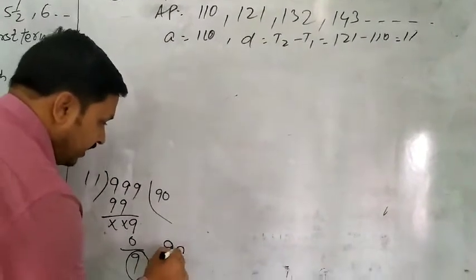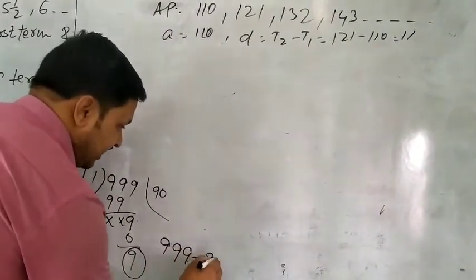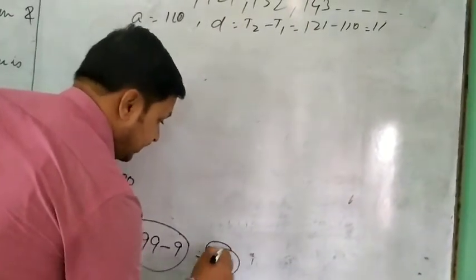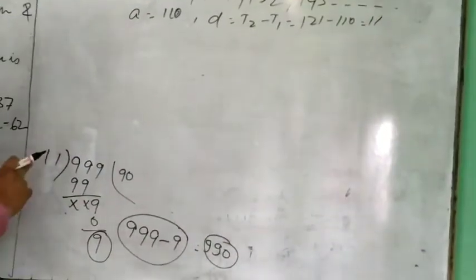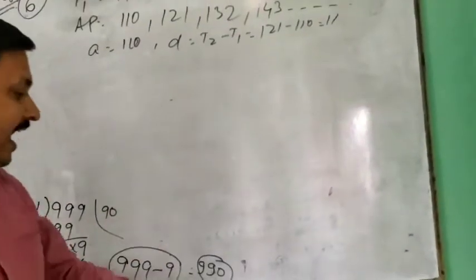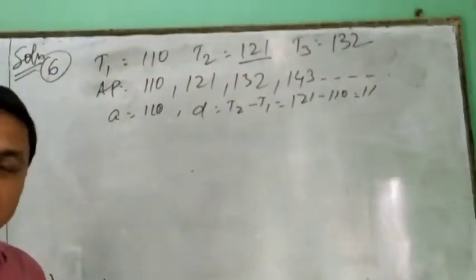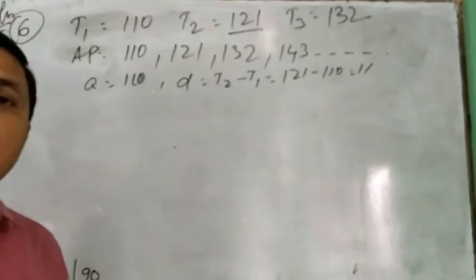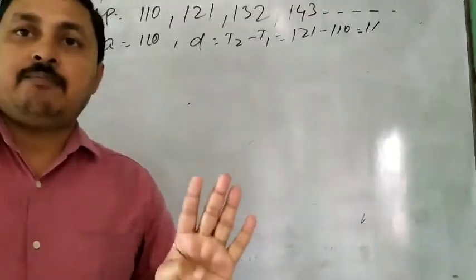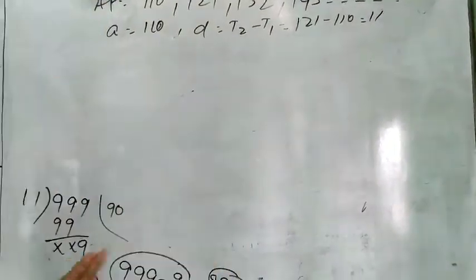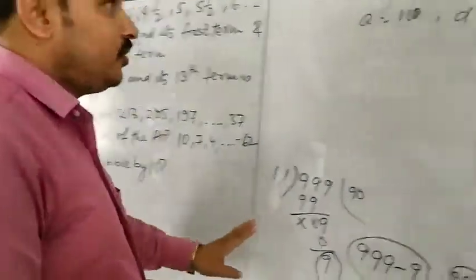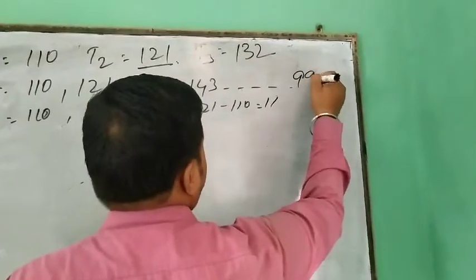When we subtract the remainder, we get the last 3-digit number which is divisible by 11. If we add 11 to 999, we get 1001, that is a 4-digit number. Here the question asks for the 3-digit number only. So your last number is 990.